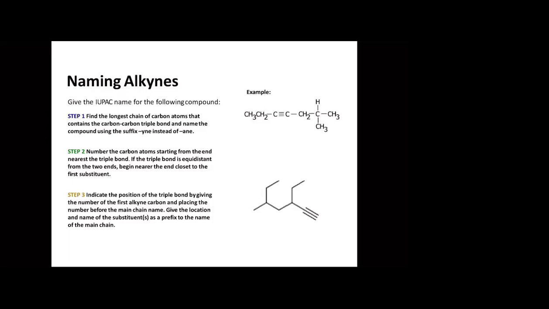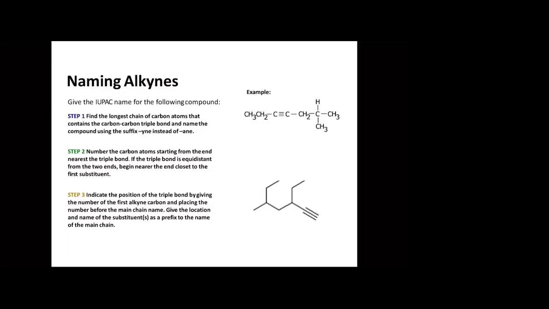Understand that in order to break the tie, you will number the substituents from the end nearest the first substituent. Understand that that's only for equidistant. In general, we want to give the lowest number to our alkyne.